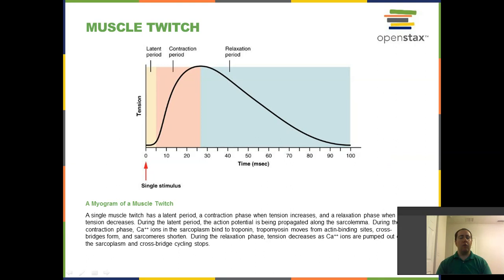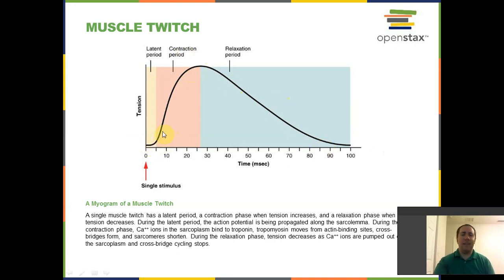We see that at the beginning, it is released. It has no force, it is relaxed. Then this whole process kicks in, and it starts to apply a whole bunch of force, and then the muscle is going to relax.